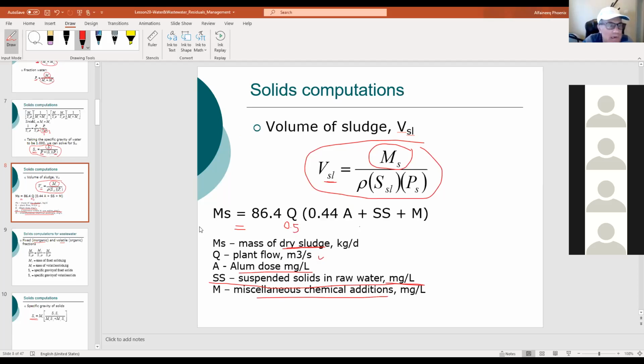How much is A? 23. SS, 37. M, 0. Look, are your units okay? Milligram per liter, meter cube per second. Okay, guys, your calculator, please.